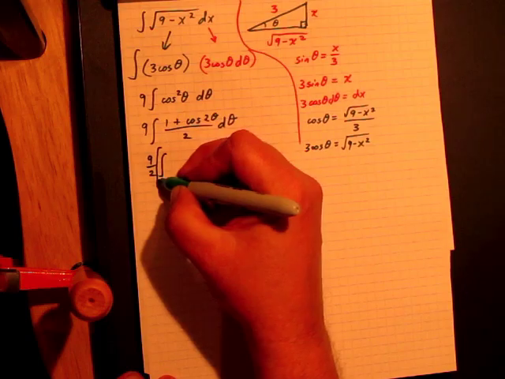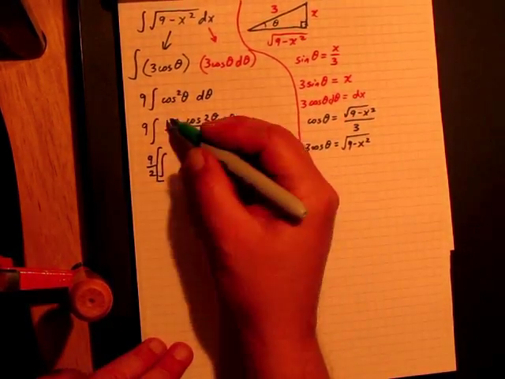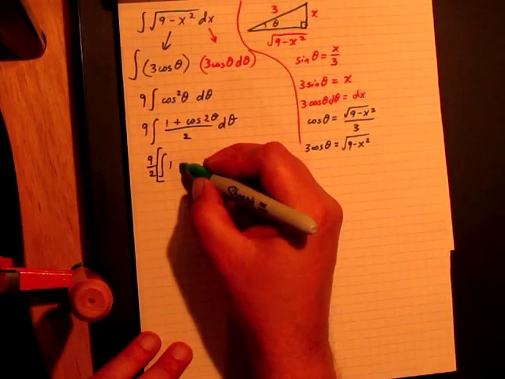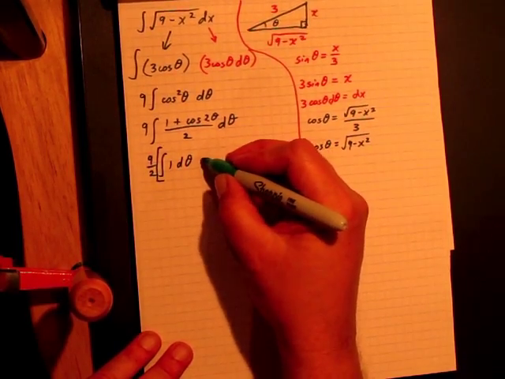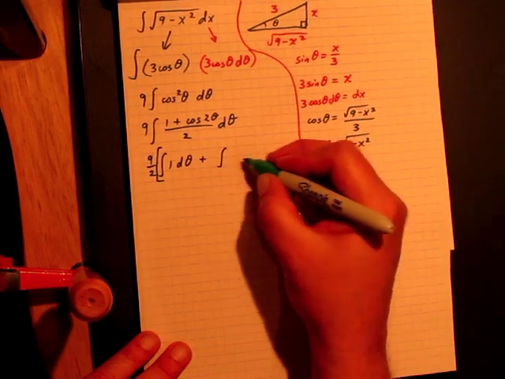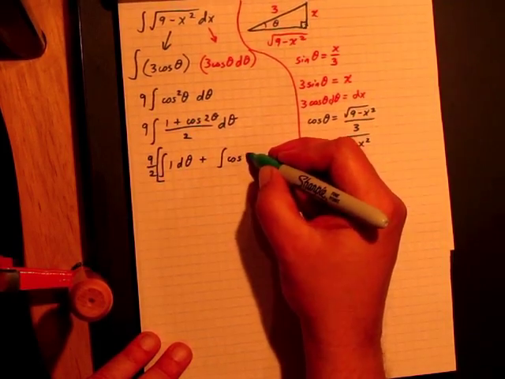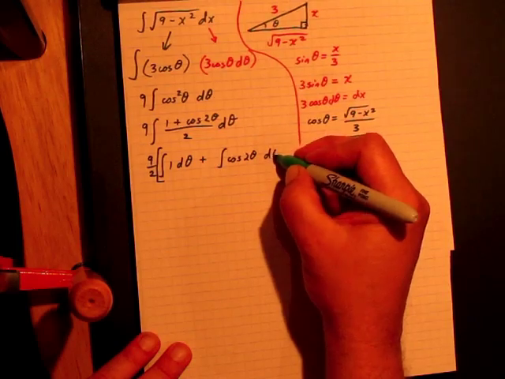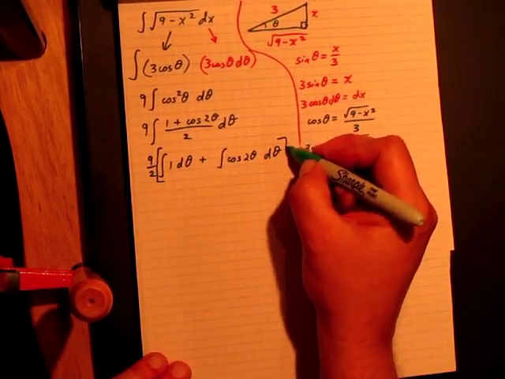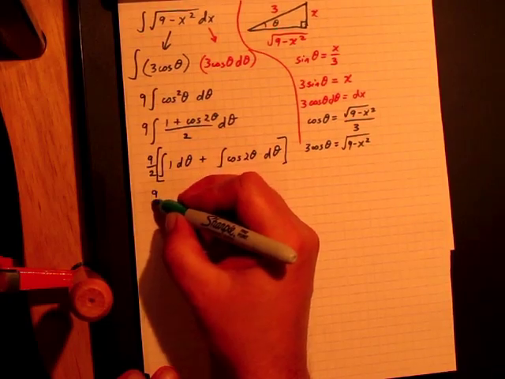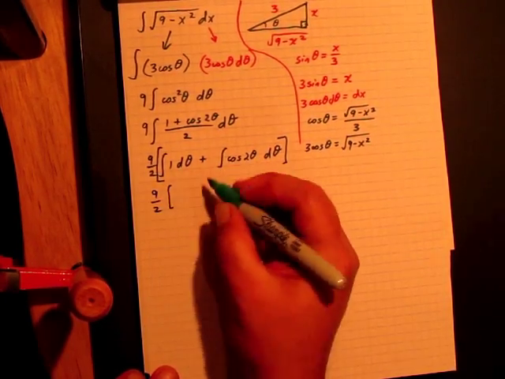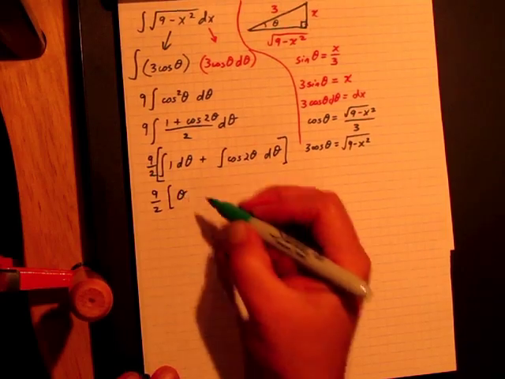I usually keep the 9/2 out front of everything, and I'm going to integrate these separately: the integral of 1 d theta plus the integral of cosine 2 theta d theta. Again, the 9/2 stays out front. The integral of 1 d theta is theta.